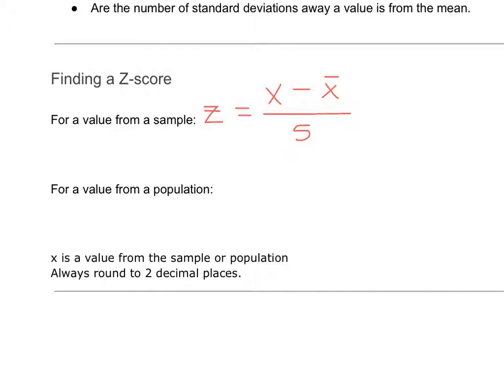For a population, a z-score is whatever the population value x is minus the population mean mu, divided by the population standard deviation sigma. So x is always a value from the sample or the population, and for reasons we're going to discover in later chapters, we always round a z-score to 2 decimal places.